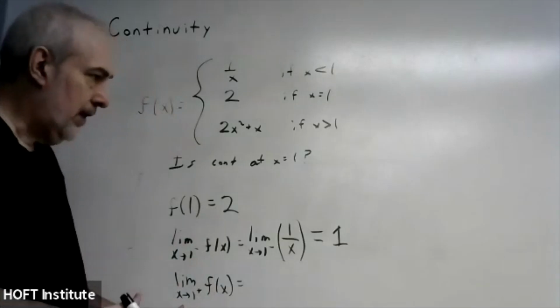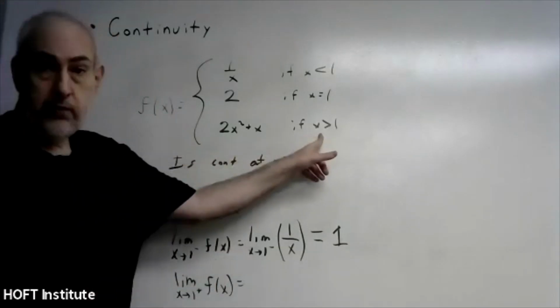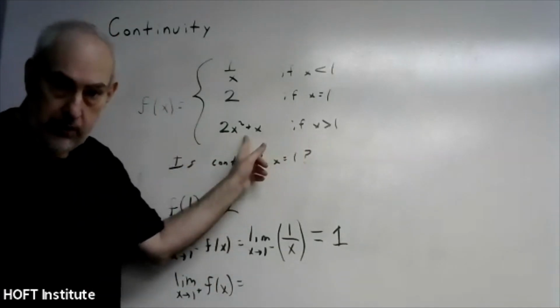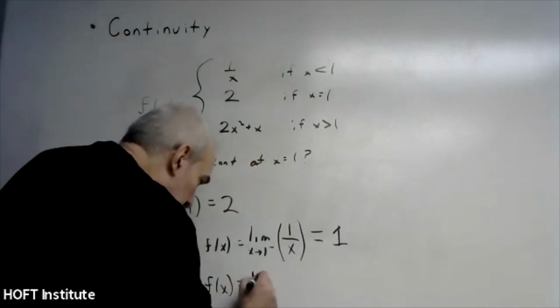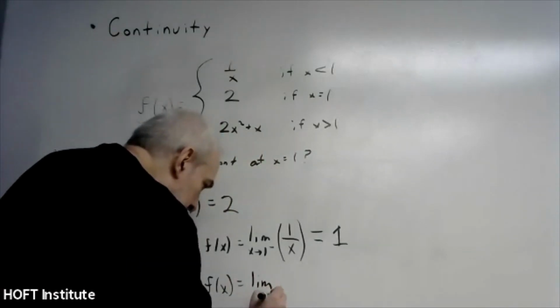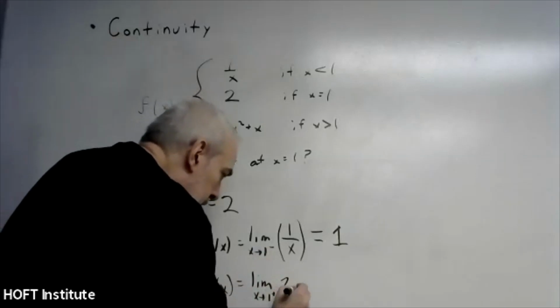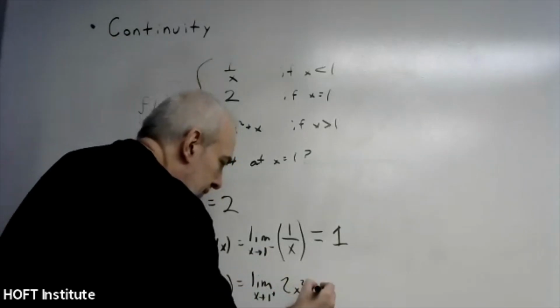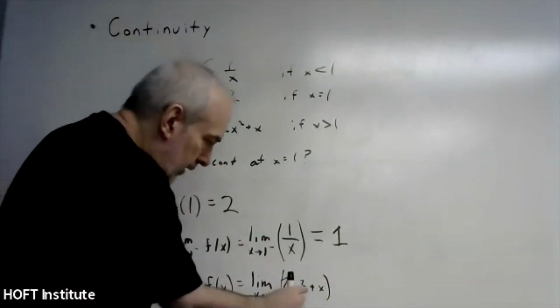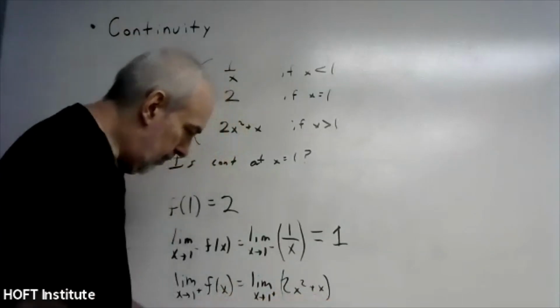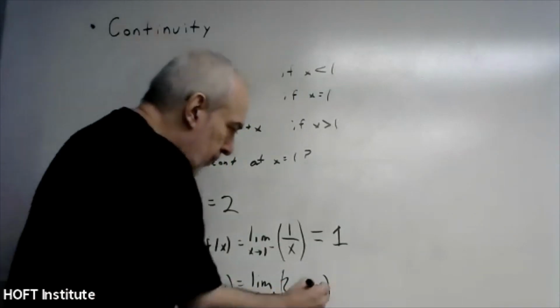From the right means x is greater than 1, which means that you use this equation. So we're going to be doing the limit as x approaches 1 from the right of 2x squared plus x. That's a polynomial, and for polynomials, you can simply plug in the number. So plug in 1 and you get 3.